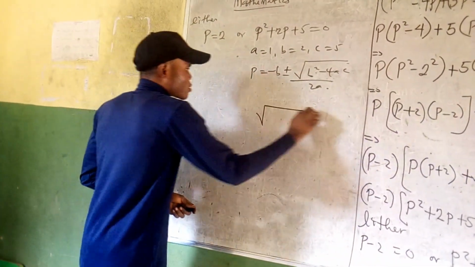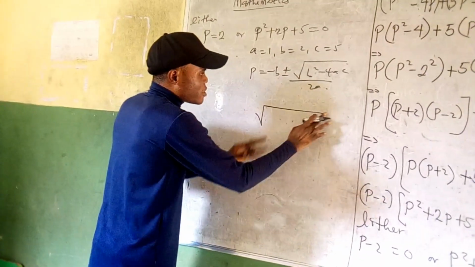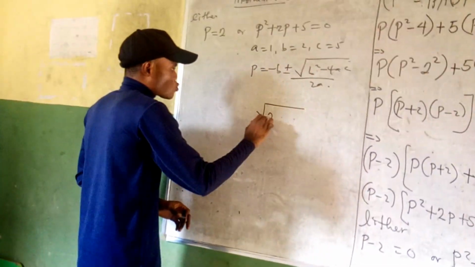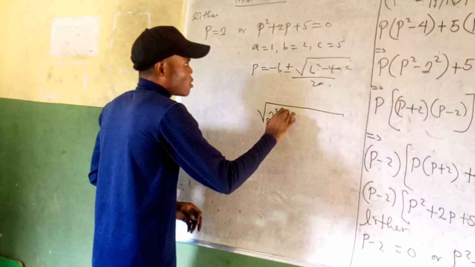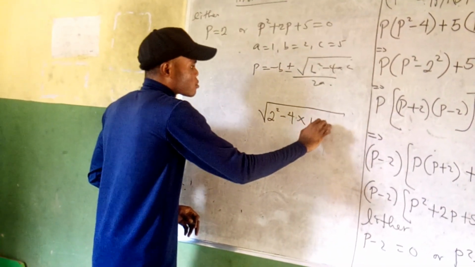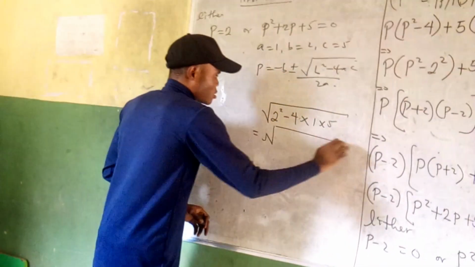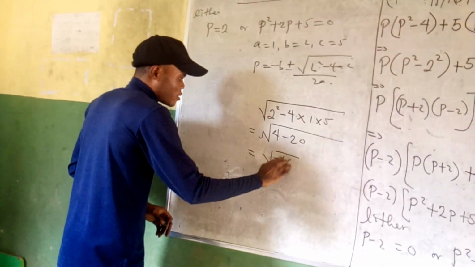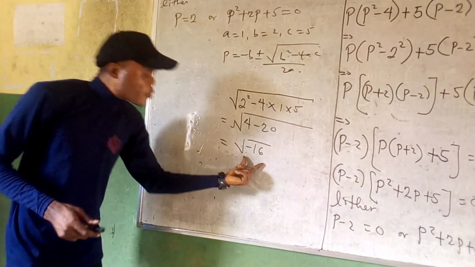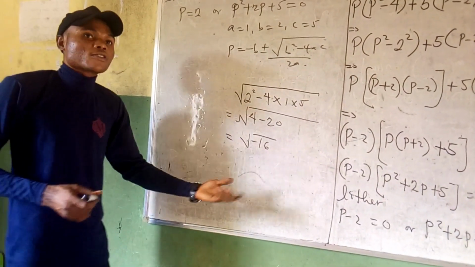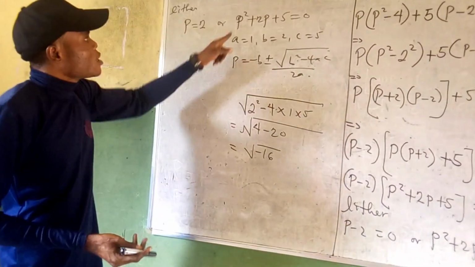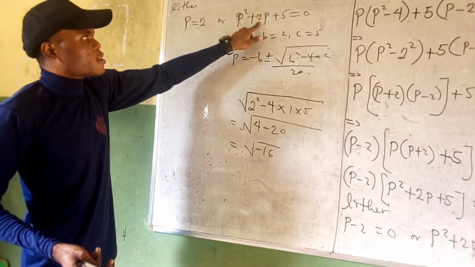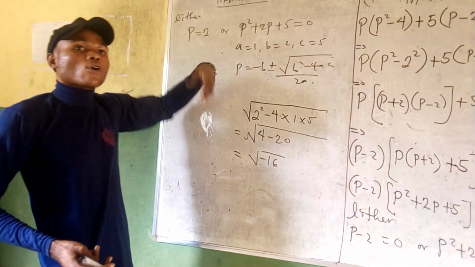So if we try to get the value of this discriminant, b is 2, so this is 2 squared minus 4 times 1 times 5. You will see that this is 4 minus 20 and this is negative 16. It shows that the discriminant is negative 16, which is not a real number. So that means the nature of roots of this quadratic equation is not real.